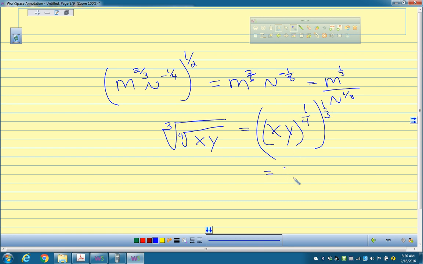So that's equal to xy raised to the what? 1/12, like that. So if you see a root inside a root like that, you can simplify it like that. Another way you could write that, that's equivalent to the 12th root of xy, right? This is equivalent to saying this, yeah?